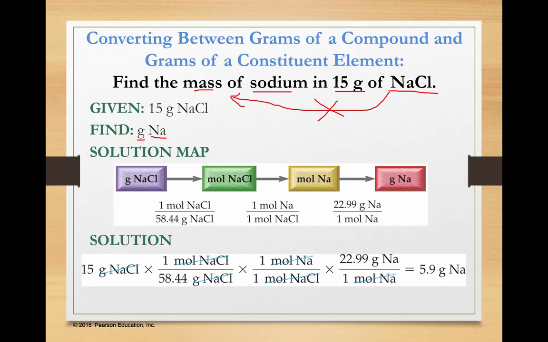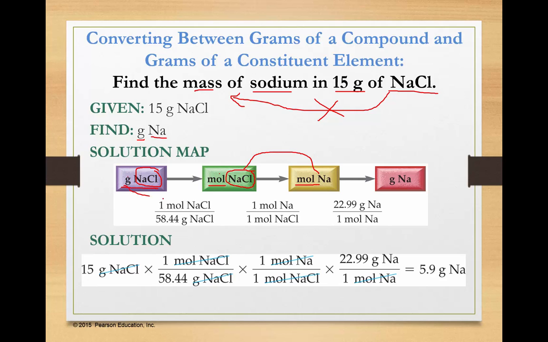What I have to do is start with grams of sodium chloride and convert to moles of sodium chloride. Notice the species does not change. I can change the unit or I can change the species each step. I cannot change them both at once. So in this case, I'm going to change from grams to moles of the same thing. Once I have moles of sodium chloride, now I'm going to keep moles the same and change the species.